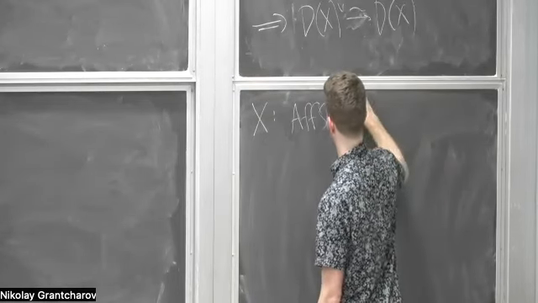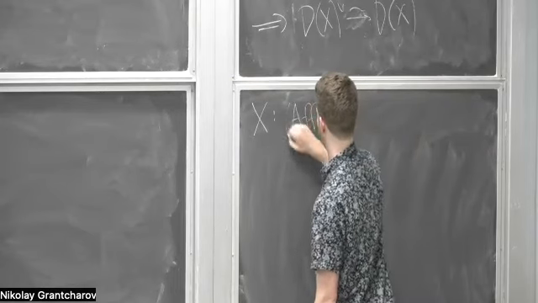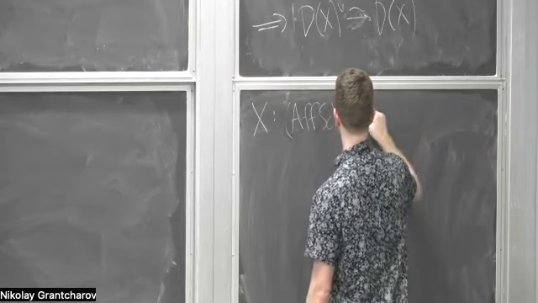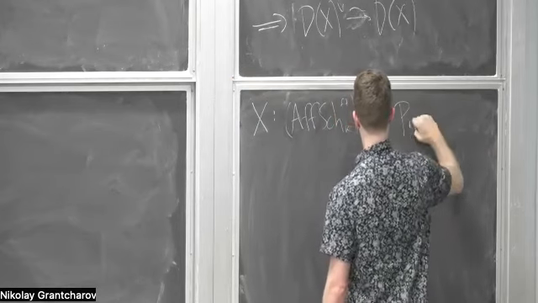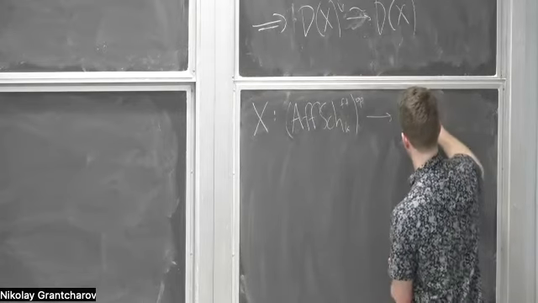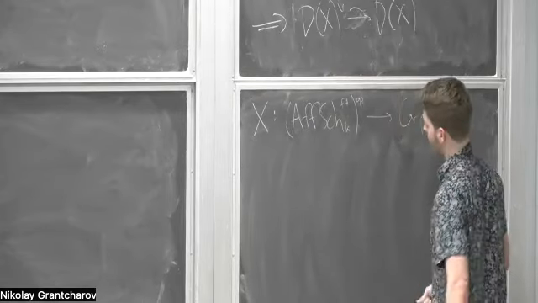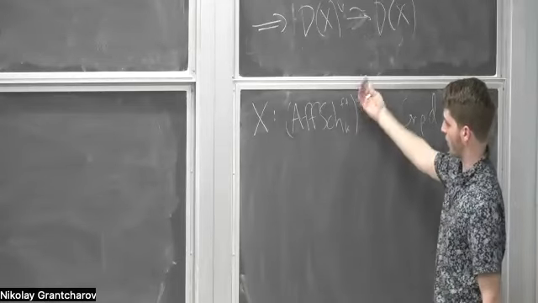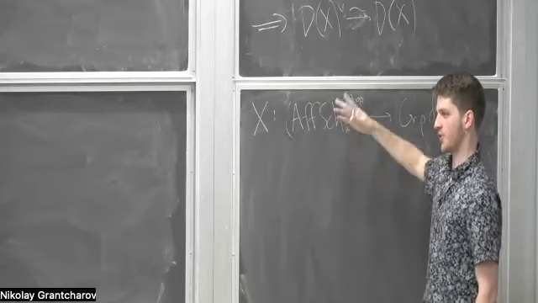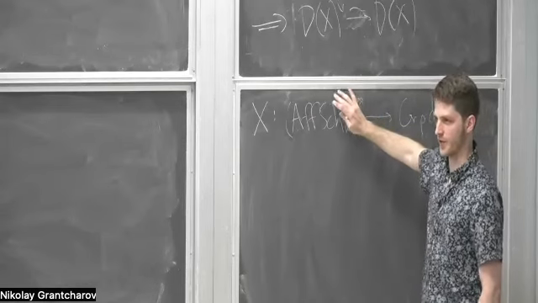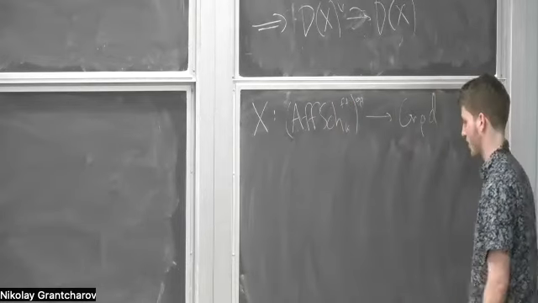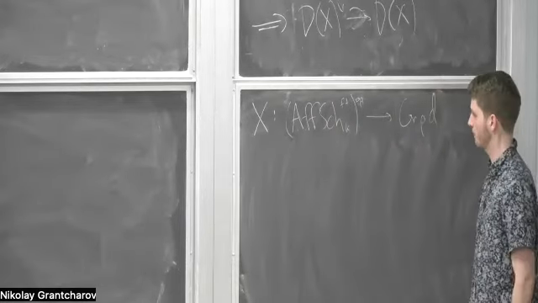I want it to just be defined on finite type affine schemes because that's really the setting in which we define D-modules. So, of course, if I have a prestack defined on all affine schemes, I can restrict it here. And the condition that it's determined by its values here is sort of the condition of being locally of finite type. But let's just say we have a prestack of this feature.